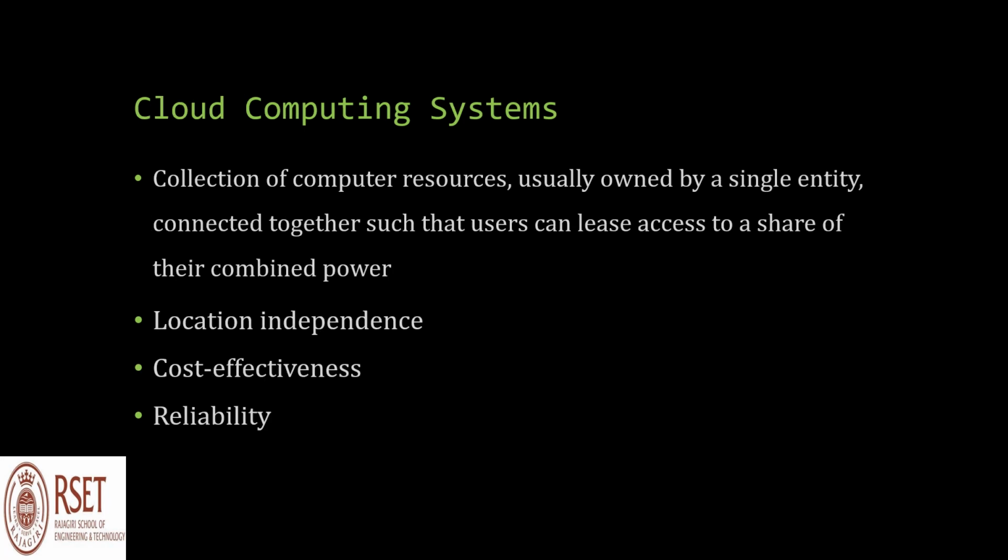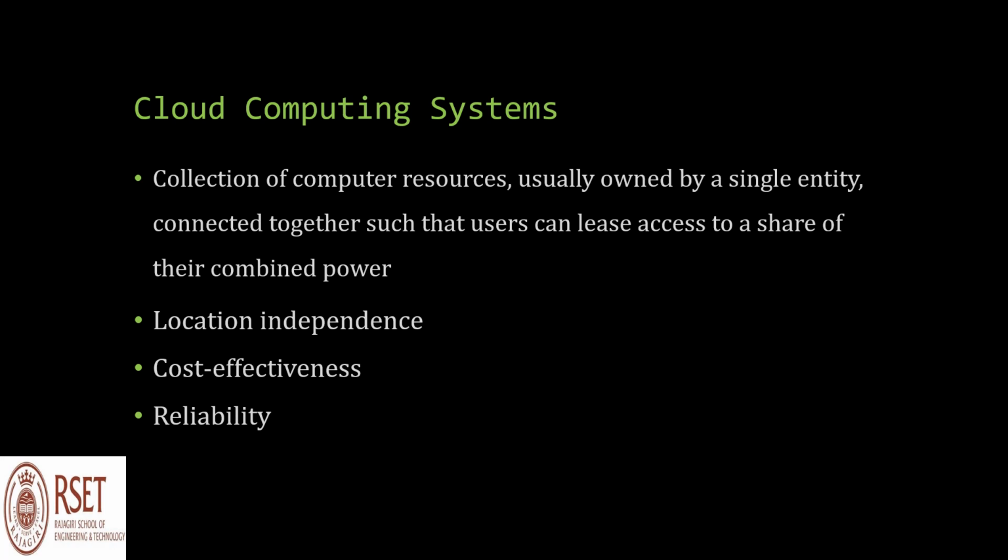Now, talking about cloud computing systems, they are basically a collection of computer resources usually owned by a single entity, connected together such that users can access and share their combined power. They have a lot of advantages like location independence, where the user can access the desired service from anywhere in the world using any device with any system.